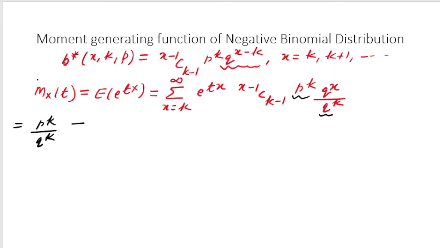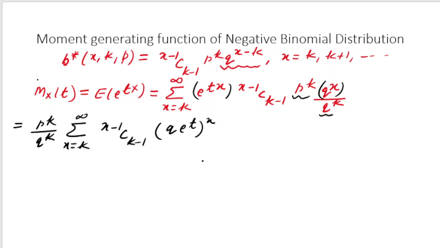In the summation we are left with, let me first write the limit, x from k to infinity, and here we have (x minus 1) C (k minus 1), and we have the q to the power x term and the e to the power tx term. Both of them can be combined and written as (q e to the power t) whole to the power x. Okay, and if I write its expansion, what will it be? Should I write it here in the bottom?